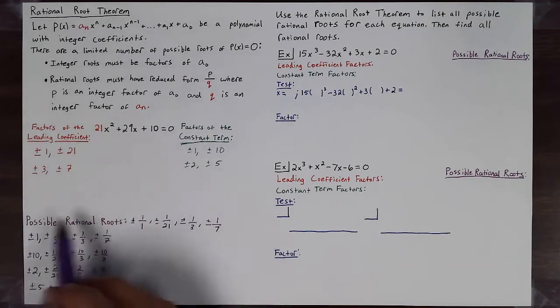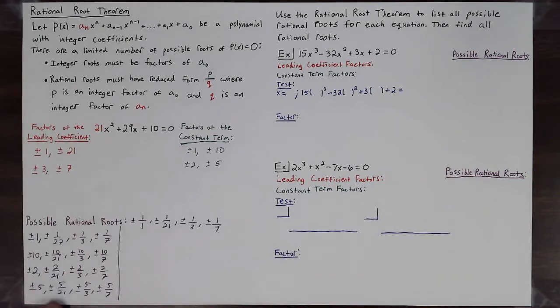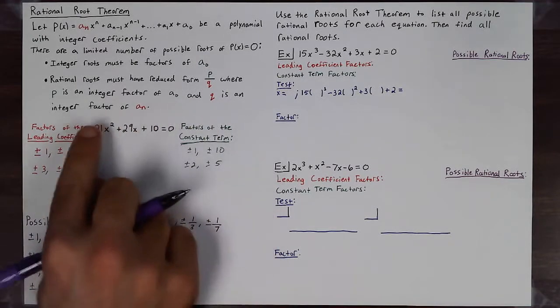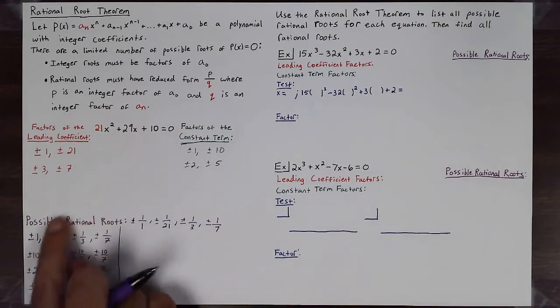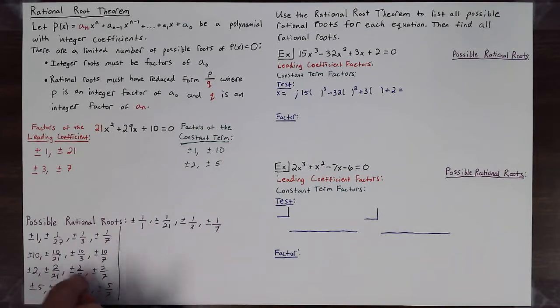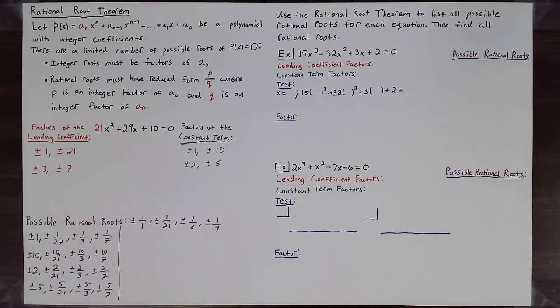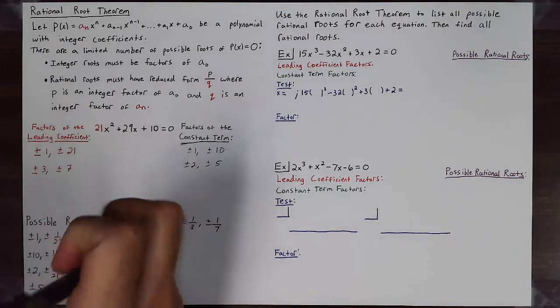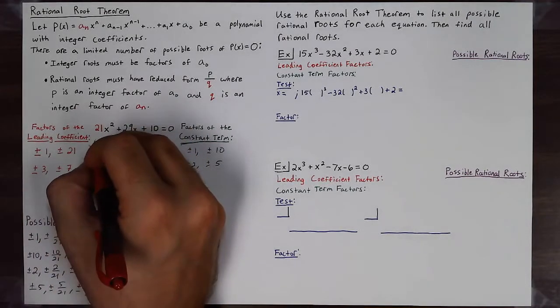So of all the possible rational roots, these are all of them. There are no other rational roots that could possibly exist, meaning 3 is not going to be a solution to this equation. Now, why is it that these are the only possible rational roots? Now, whenever I factor a polynomial, in this case, this expression factors into 3x plus 2 and 7x plus 5.